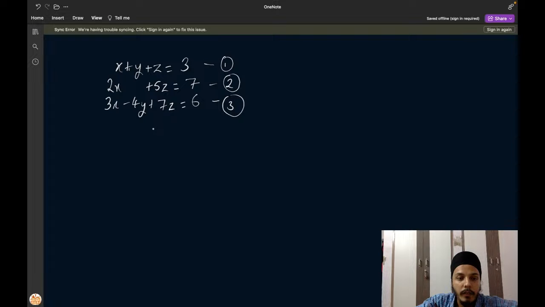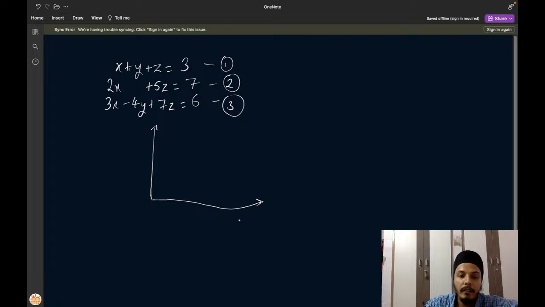So let us first form a coordinate system for our x, y and z. So this is our x direction, this is our y direction, this is our z direction.